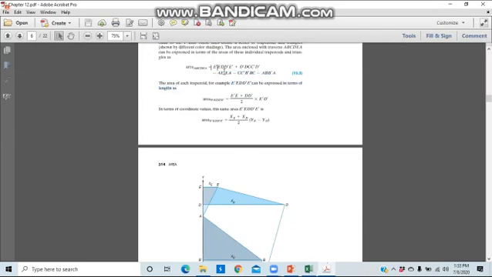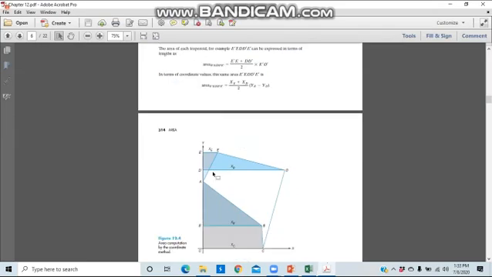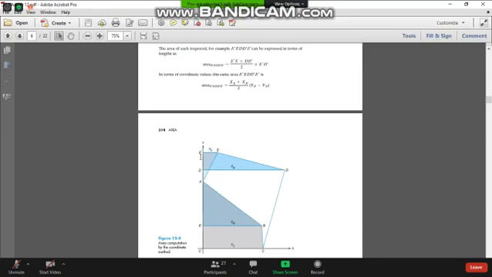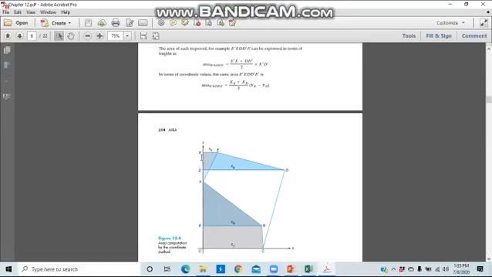The first is the trapezoid E dash E, D, D dash E dash, and this triangle, so these are these two shapes.